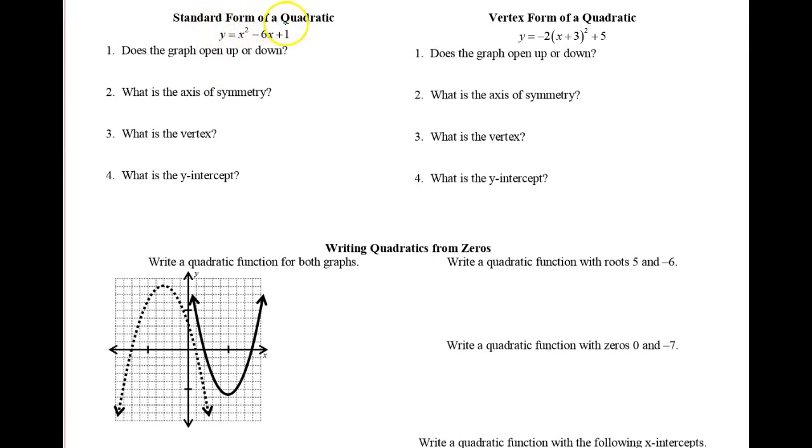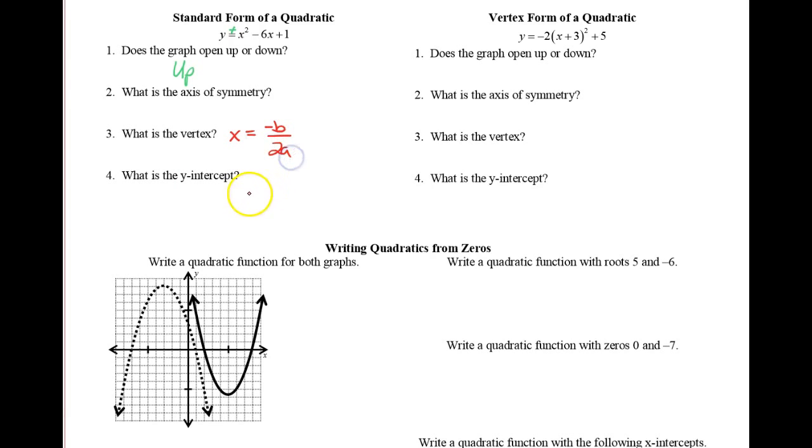Alright, standard form of a quadratic, we have y equals x squared minus 6x plus 1. The question is, does it open up or down? Since the a value is positive, that means it opens up. Then I'm going to go to number 3 and find the vertex first. To find the vertex, we use the formula -b over 2a.